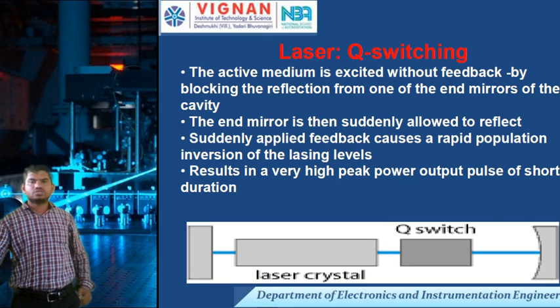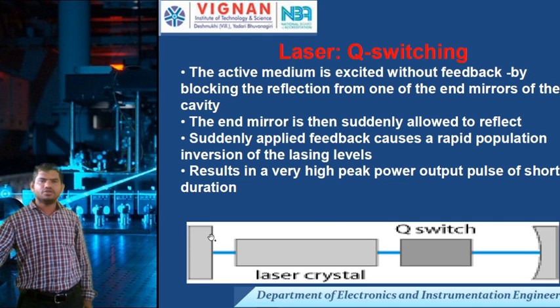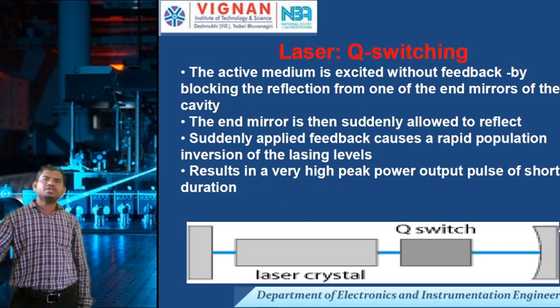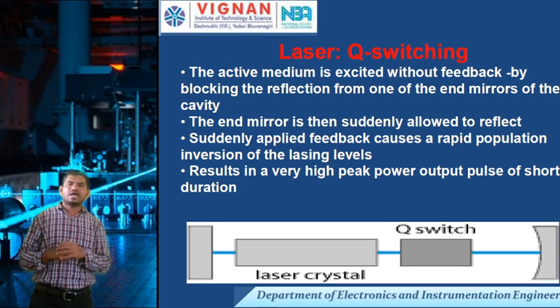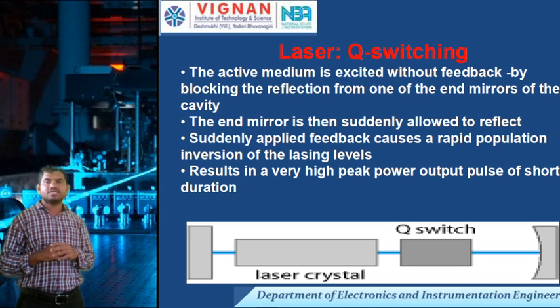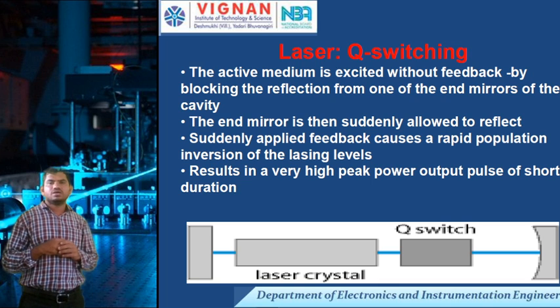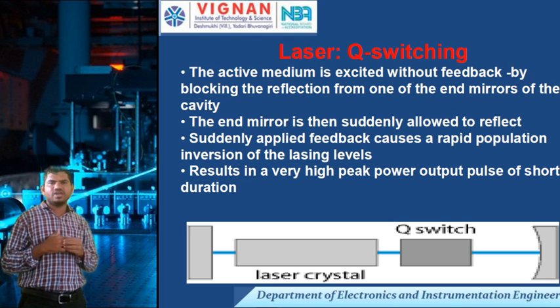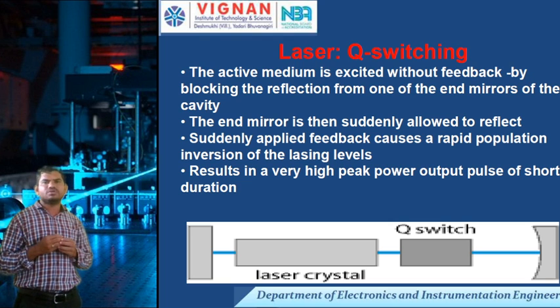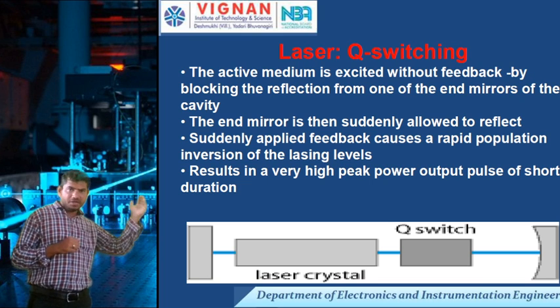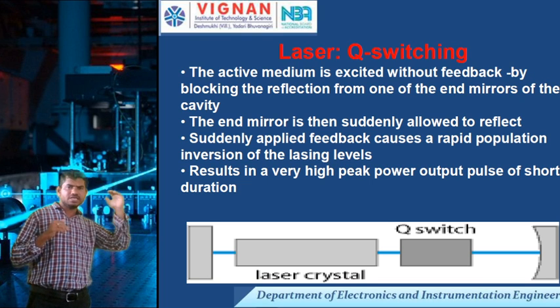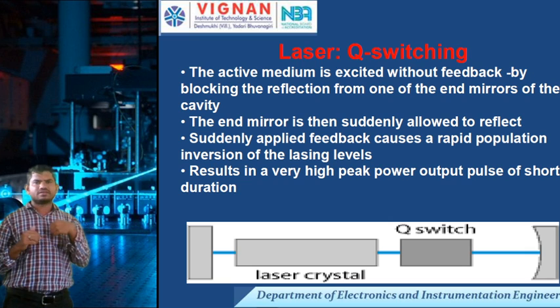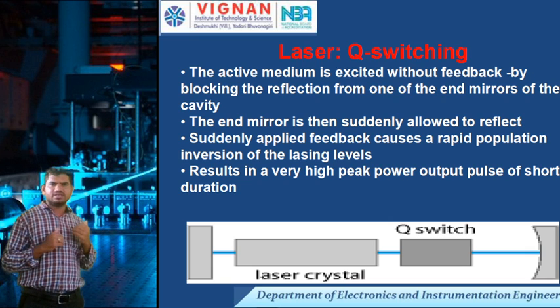Here there are two end mirrors, the starting mirror and the output mirror. The active medium is always excited without feedback. Now, the reflection from one end mirror of the cavity is blocked, and then the end mirror is suddenly allowed to reflect.